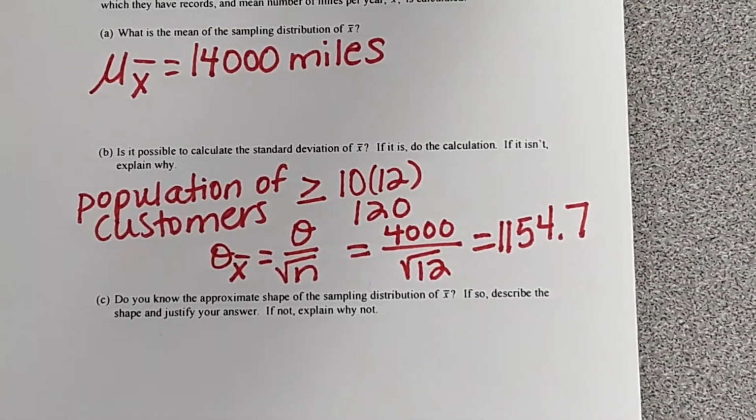No, because the sample size of 12 is not large enough to apply CLT. Right, so our sample size is not large enough, it's only 12, and it told us the population was skewed to the right. Our sample size is not large enough, so no. We don't know, it's not approximately normal, okay?